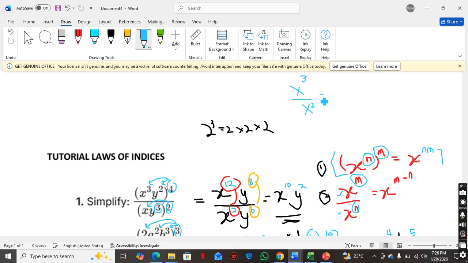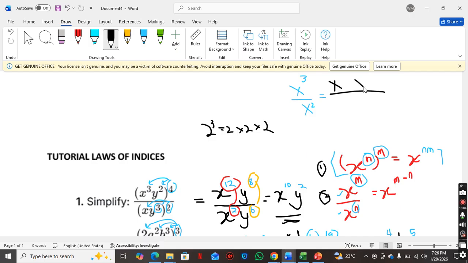If you've forgotten this law, you can just say, okay, x to the power 3 is x times x times x, multiplying x by itself 3 times, over x times x, x to the power 2, multiplying x by itself 2 times.